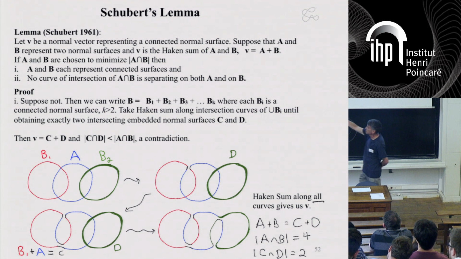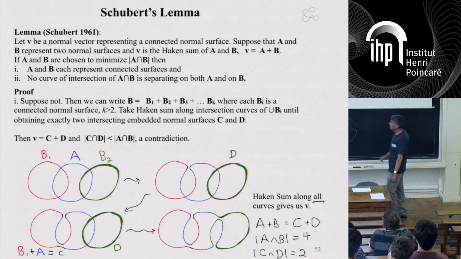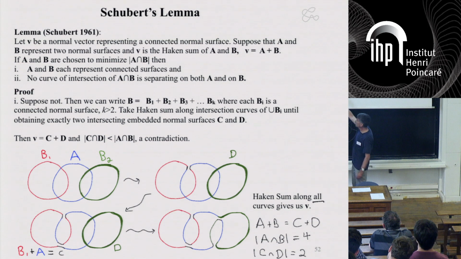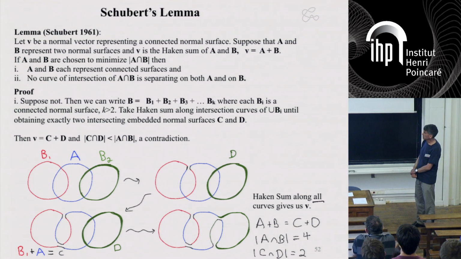B has a B1 component and a B2 component. But A plus B, remember, the way to get sums is to do these exchanges along the intersections. So when you take A plus B, you'll get this connected two-sphere at the bottom right. But A and B do not themselves have to be connected.